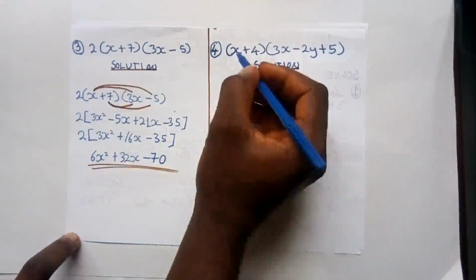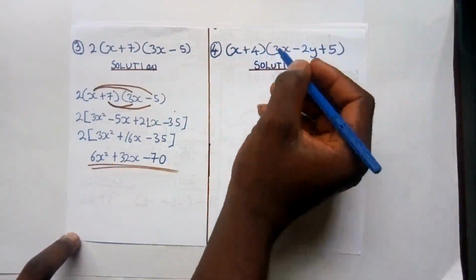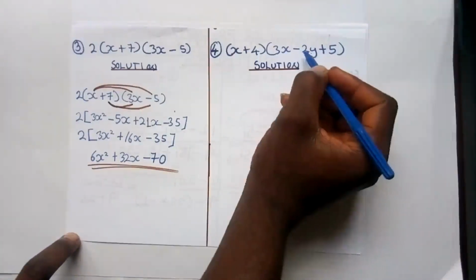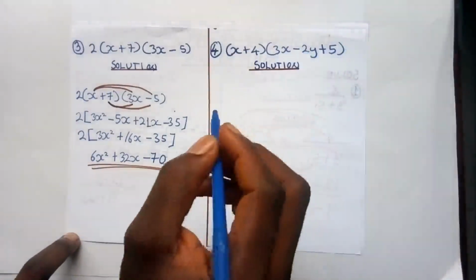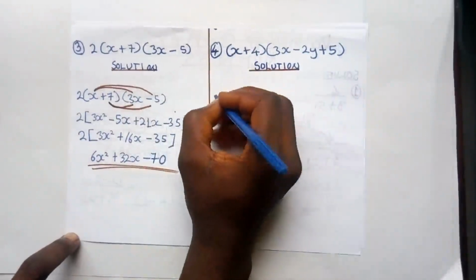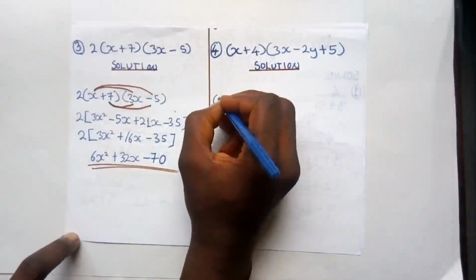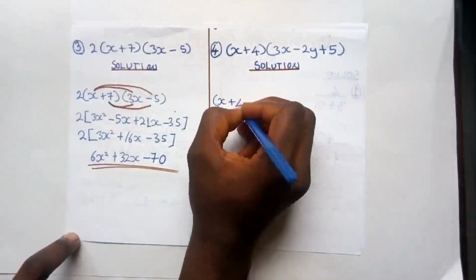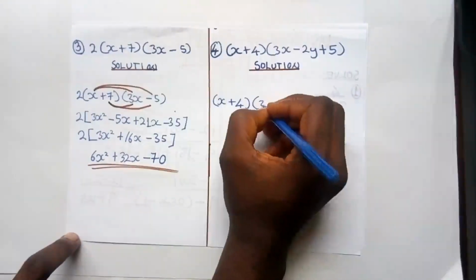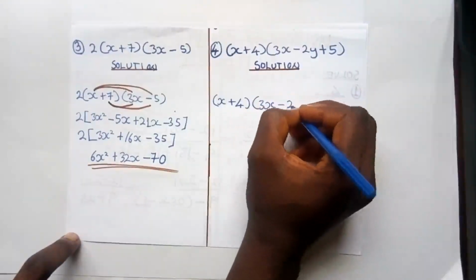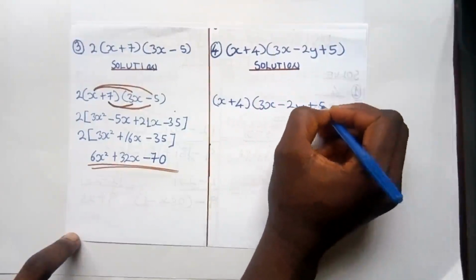Question 4. x plus 4 multiplied by 3x minus 2y plus 5. Look at the way we do this. x plus 4, 3x minus 2y plus 5.